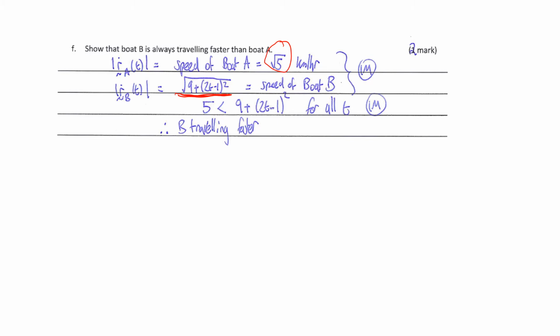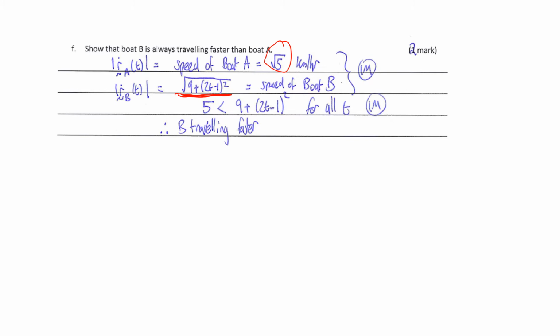It's equal to that, the square root of 9 plus (2t minus 1) all squared, gives us the speed of boat B. So to show that boat B is always traveling faster than boat A, show us that the square root of 9 plus (2t minus 1) squared is always greater than the square root of 5. I can drop the square roots because, of course, the square root is an increasing function.